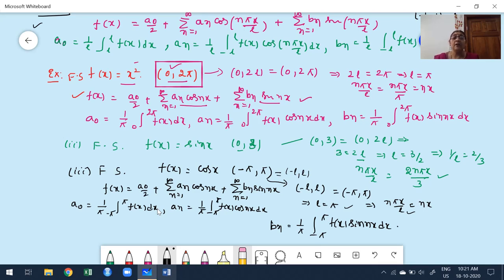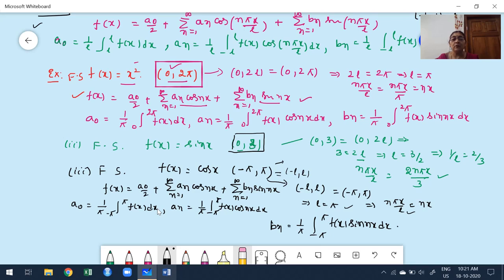Keep in mind, before constructing the Fourier series, first you observe the interval. Either the interval belongs to the first case or the second case. Whenever it starts from 0, that is my first case. Whenever it starts from negative to positive, move to the second case. Based on that, apply the first case, find the value of L, and also n pi x by L, and construct the Fourier series.